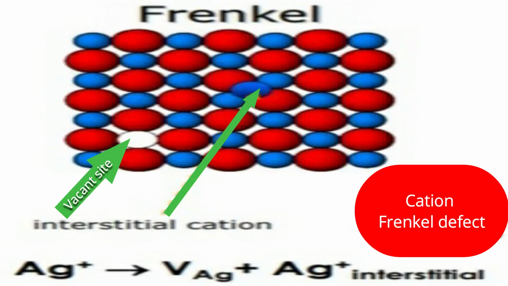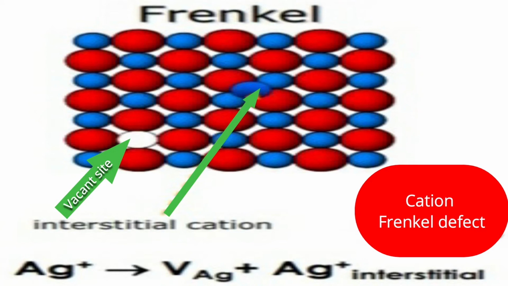Here is an example of Frenkel defect where the cation shifts its position. It is called cation-Frenkel defect. The example is silver chloride crystal. By blue color, silver ions are represented and by red, chloride ions. Silver ions are smaller and can move their position easily.